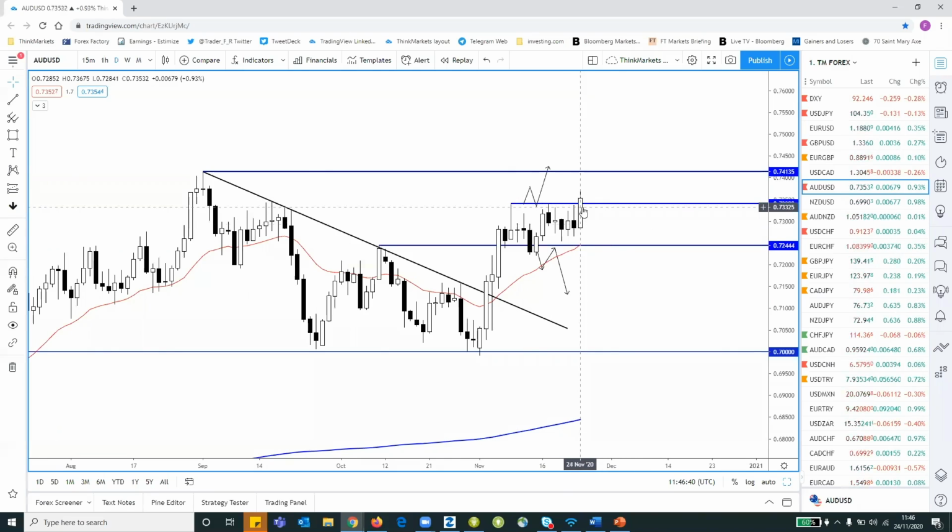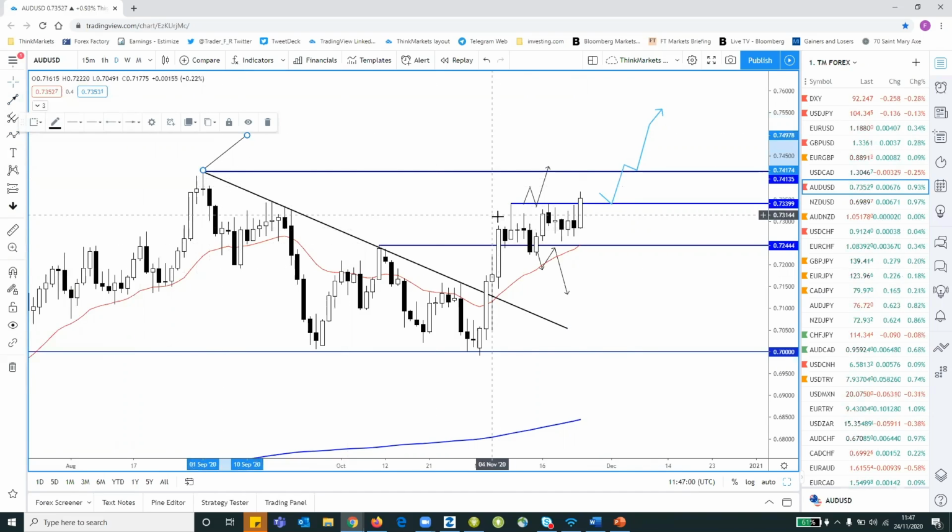So if it can hold the breakout, then what we want to see next is a continuation to take out liquidity that would be resting above this high here. So people who are short, some of those guys will have placed their stop loss orders above there. And if the trend continues, it's those stops that will be taken next, right? So that's why this is my first target above the most recent high.